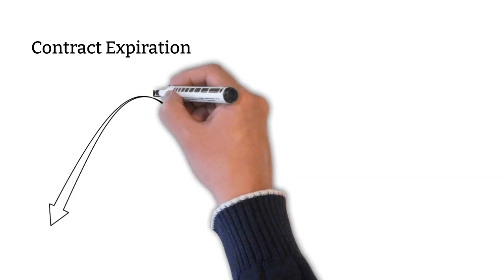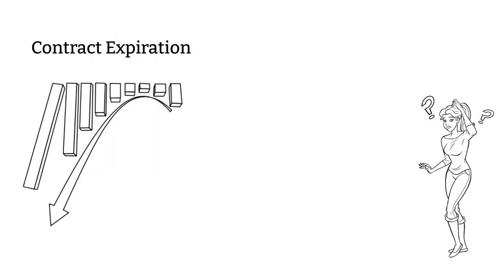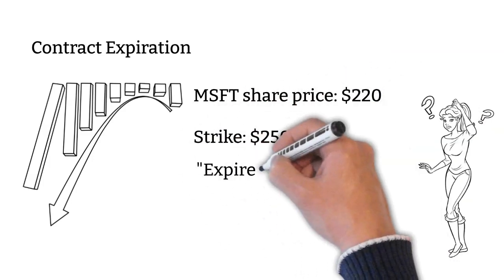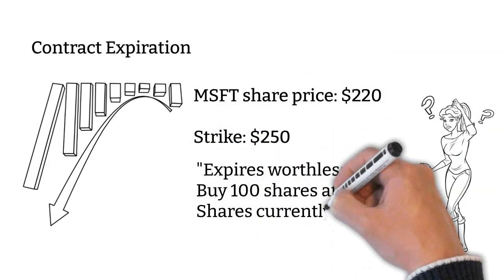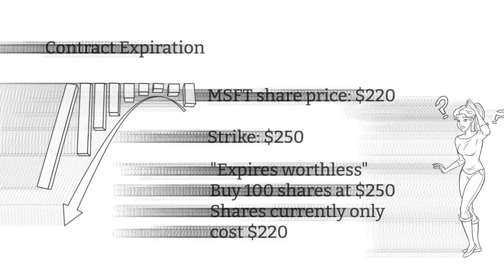Now let's talk about the opposite scenario and assume that the share price of Microsoft went down instead of up. If at the contract's expiration date, Microsoft is trading for $220 per share, then your contract would expire worthless. The reason why we say it expires worthless is because it doesn't make sense to exercise your right to buy 100 shares at $250 per share, because you can just buy 100 shares of Microsoft on the open market for $220 per share.